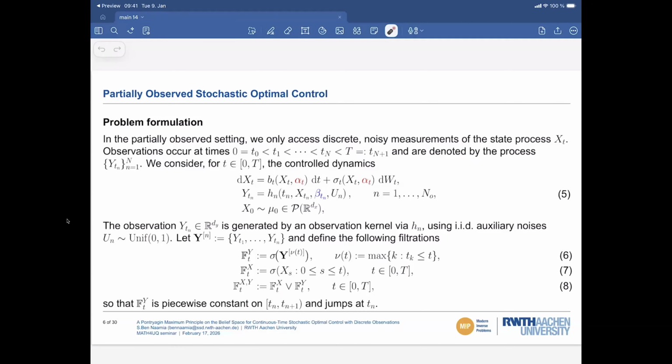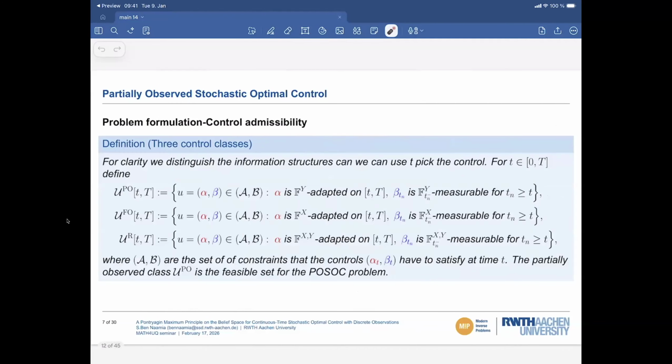These are just defined for this particular definition, where we define the control classes that we can use controls from. And here we denote three control classes. A control class is basically the class of controls where we put all the conditions on what we are allowed to have as controls.